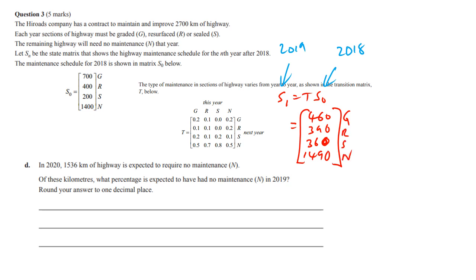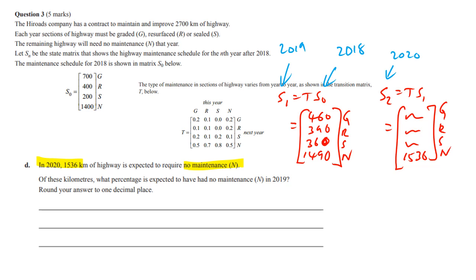Now they've given us some values over here that in 2020 we've got an N value. We haven't got anything else, but they've given us that, and that's all we need. So in 2020, S2 equals TS1. And if we put that into the calculator, we would get, I don't know, 1536.